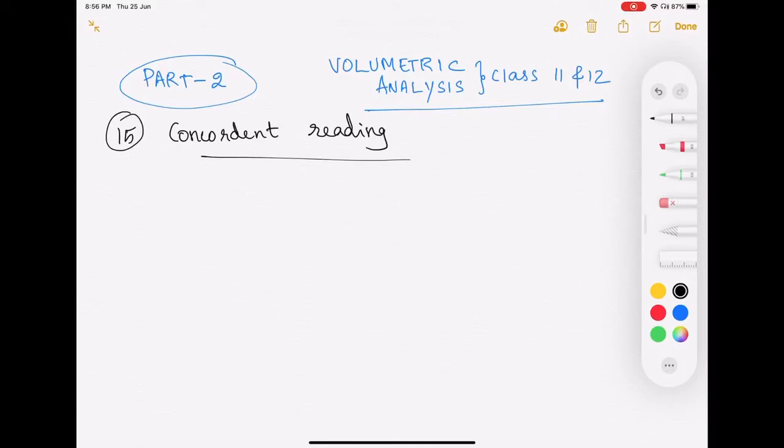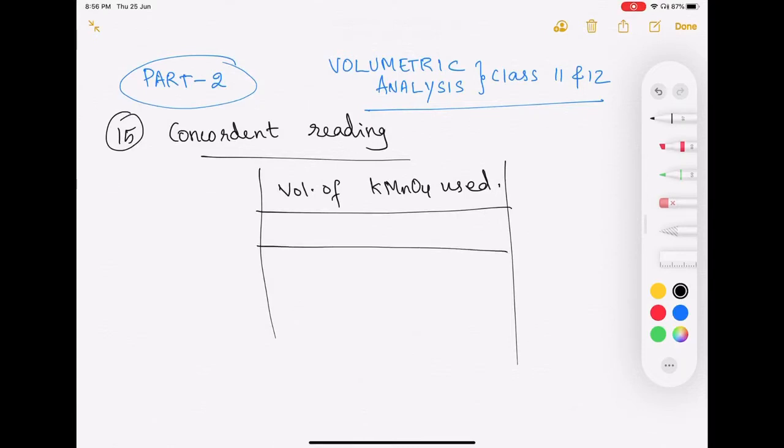Whenever you are making your table of titration, you have seen the volume of KMnO4 used, or your reagent used, when you make the table. In the left side you know how to make the table. In the right side you write the burette reading. You always do the experiment many times.